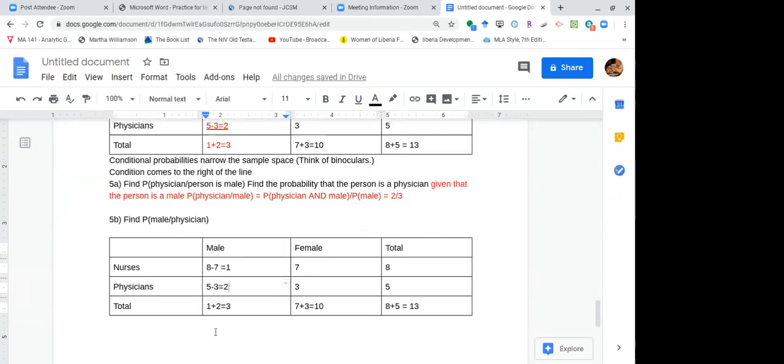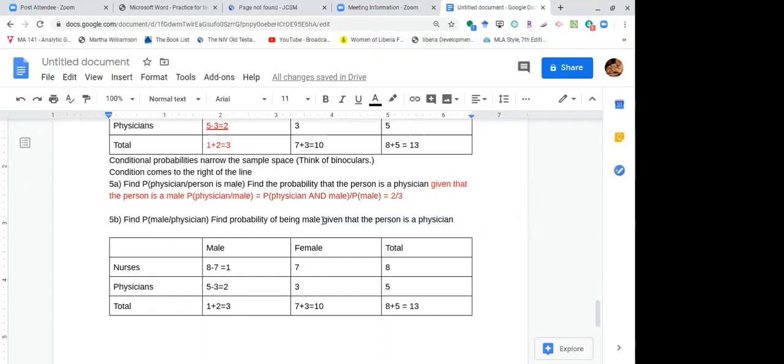So this is just so you can see the difference. Now this means we want to find the probability of being male given that the person is a physician, okay? Here, you're given that, so it is different.